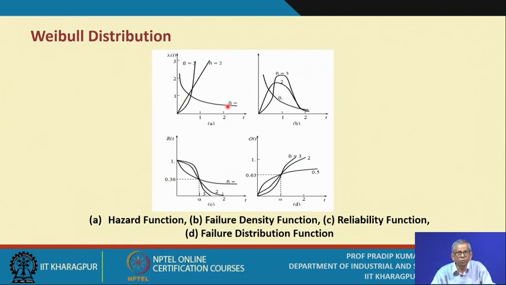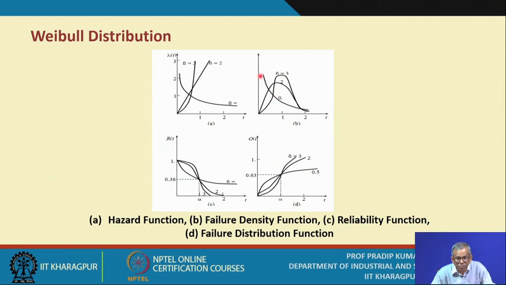What you need to do is know the reasons. Like here, the first one is the hazard function, that means the failure rate function. This changes with beta: beta equals 2, beta equals 3, and beta equals 1. Similarly, this is f(t) versus t.